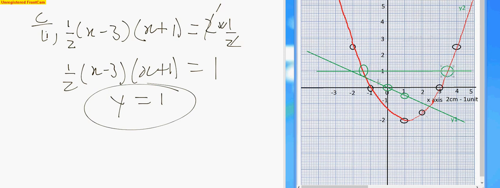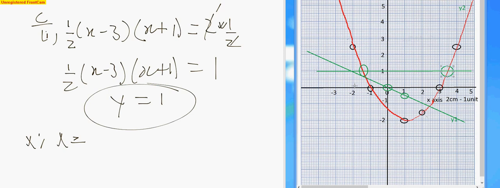So always when they want to solve, they want to find the value where it meets the x-axis. So as you can tell, when y is equal to 1, it will drop down to somewhere here. So the solution is x such that x is equal to, if I drop this, it's about negative 1.4.